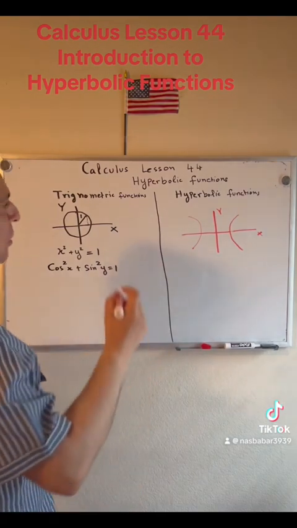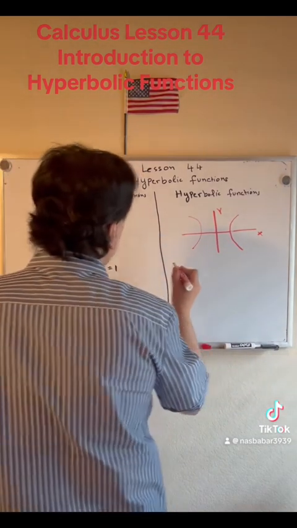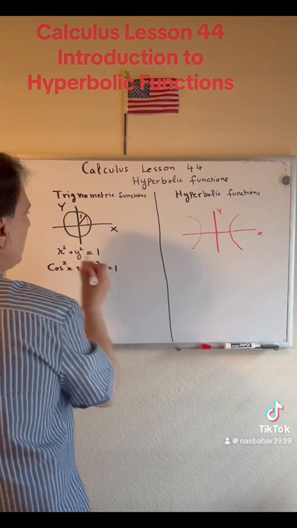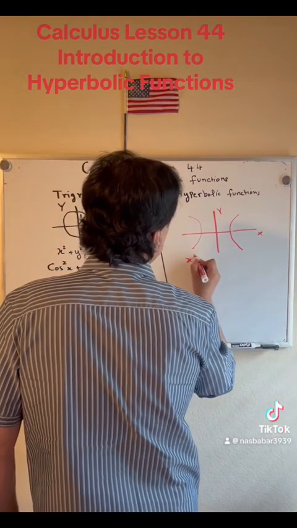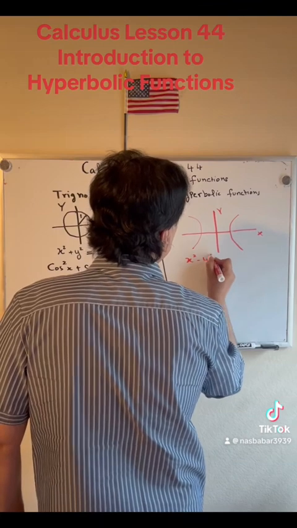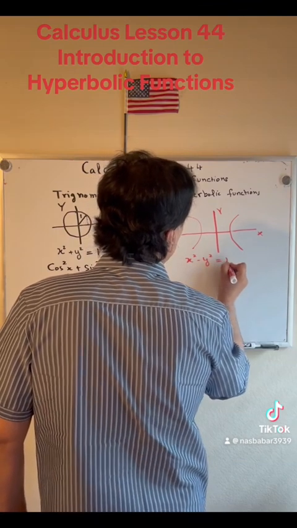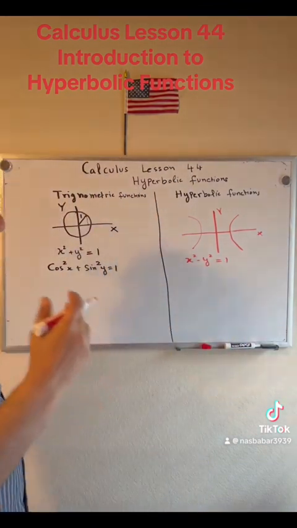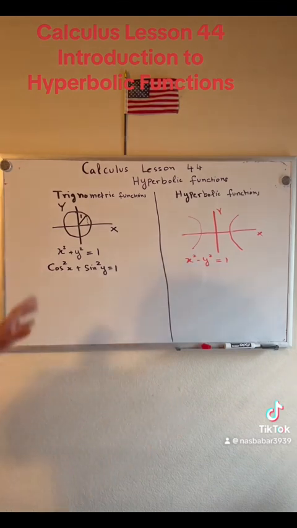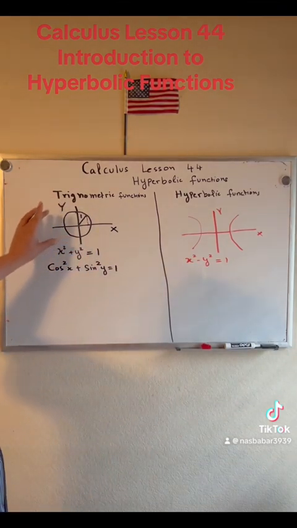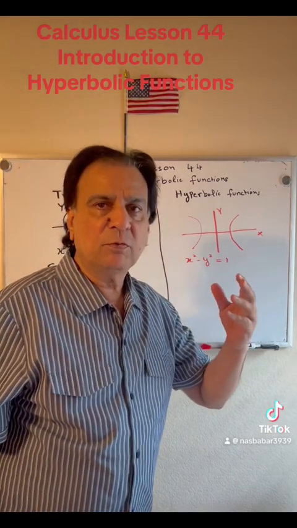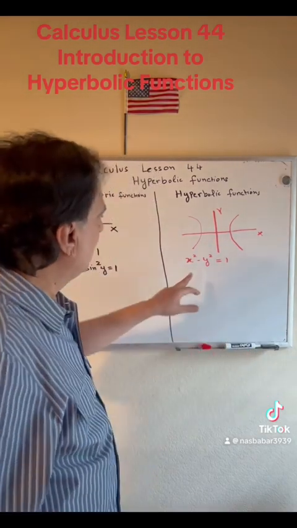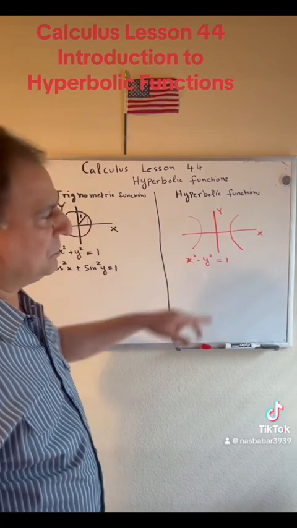If you write the equation, instead of x squared plus y squared, it's actually x squared minus y squared is equal to 1. So there is a similarity, and you can remember it: in the case of a trigonometric function, a circle, it's plus, but when you're solving hyperbolic function problems, the sign is minus.